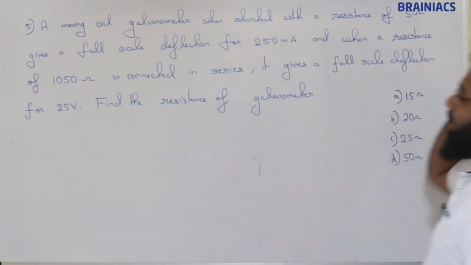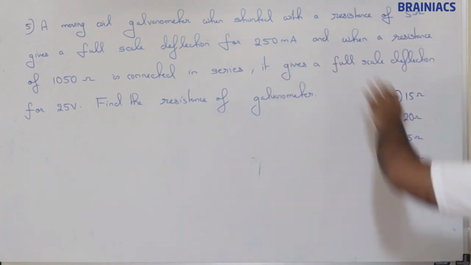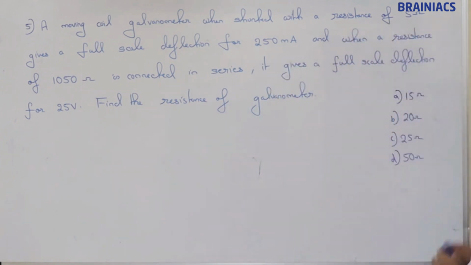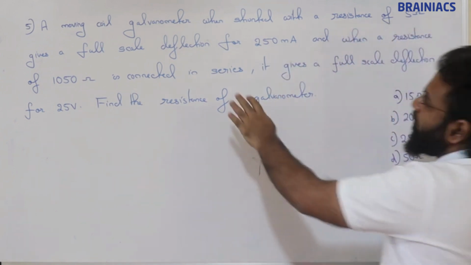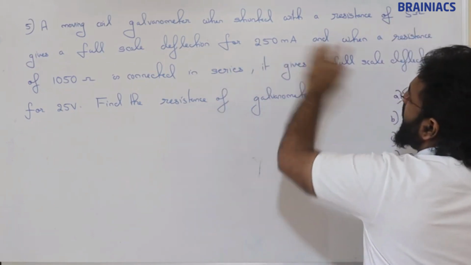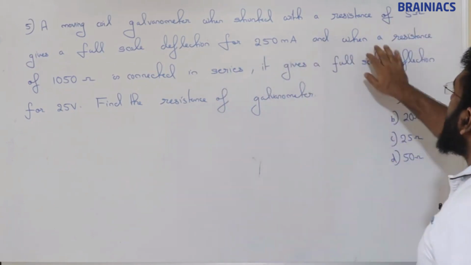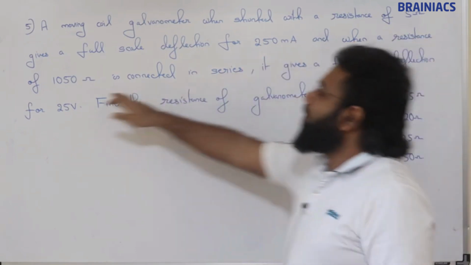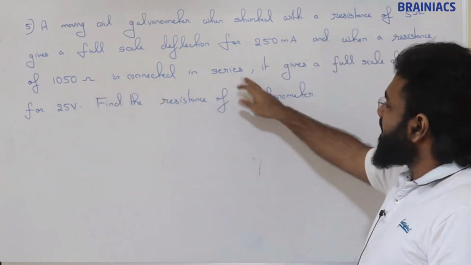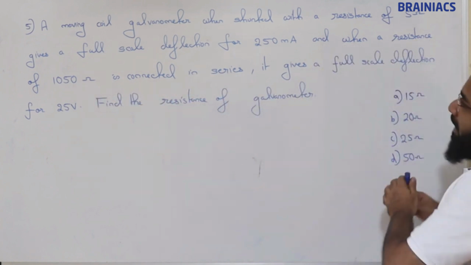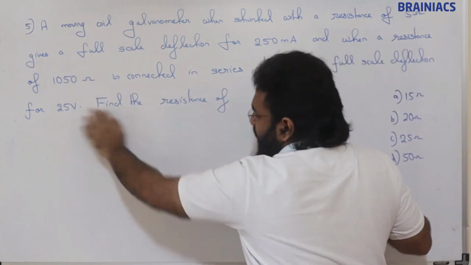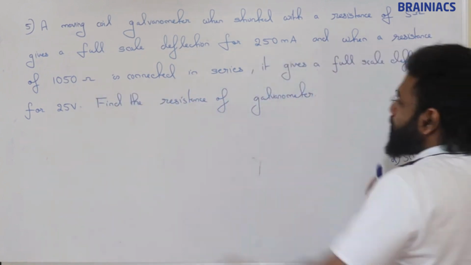So take this question. A moving coil galvanometer, when shunted with a resistance of 5 ohm, gives a full scale deflection of 250 milliampere, and when a resistance of 1050 is connected in series, it gives a full scale deflection for 25 volts.